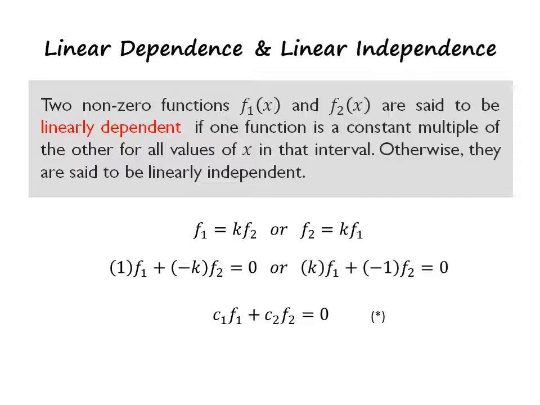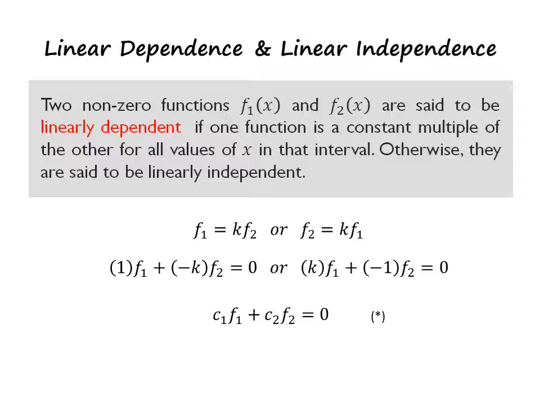From this definition, we can write the linear dependence of f1 and f2 as a constant multiple of each other, that is, either f1 equals k f2 or f2 equals k f1 for some constant k.